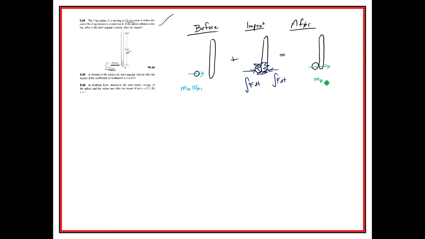Mass times velocity of A2. We're also going to have, and let's assume counterclockwise, it makes sense that it would be, so it's kind of obvious, the moment of inertia of the bar about its center of gravity times its angular velocity. We could just call it angular velocity 2.